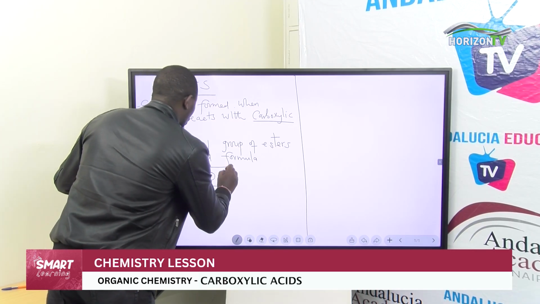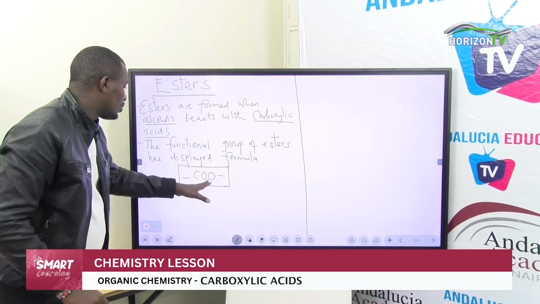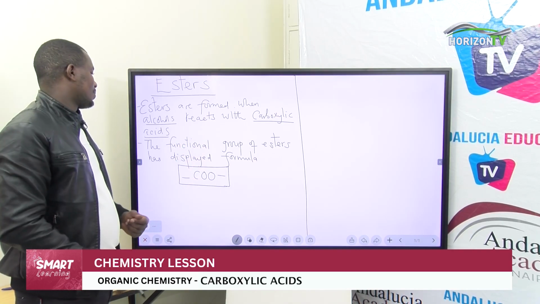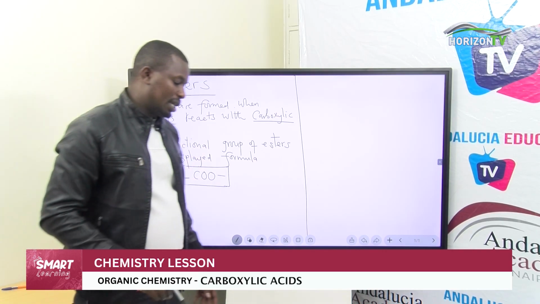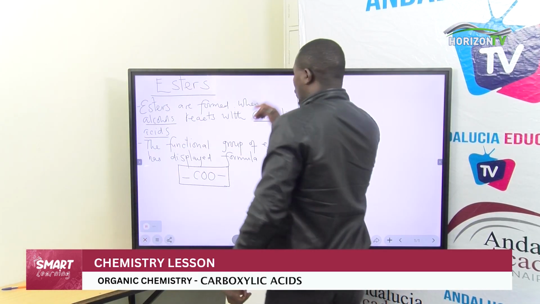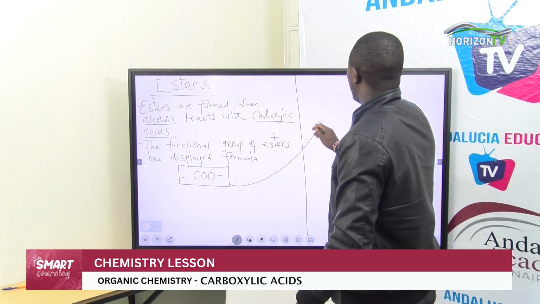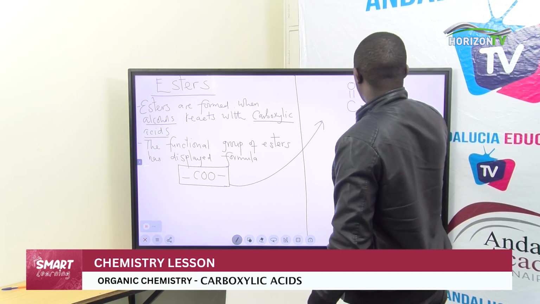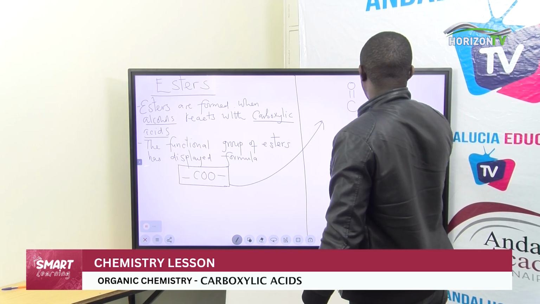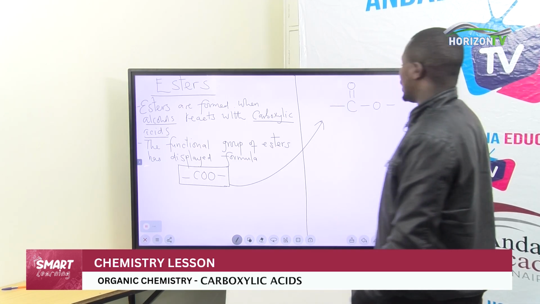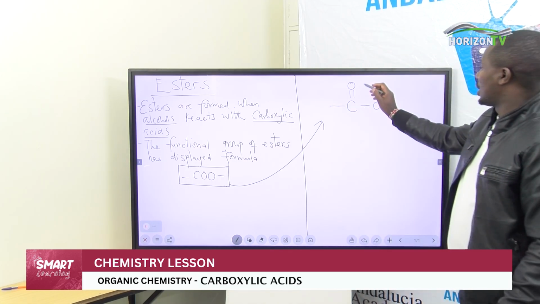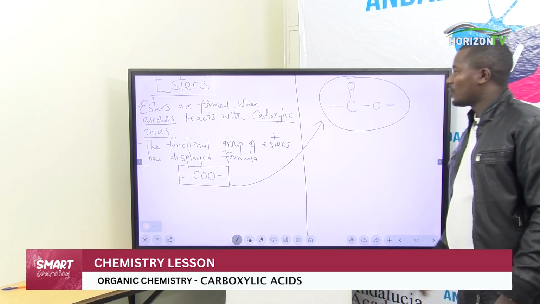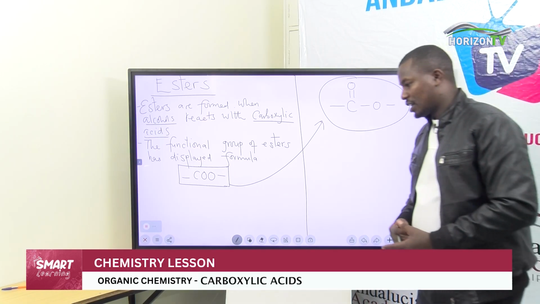That is the functional group of the ester. This can be shown in a displayed formula form. So this can be written down as carbon, double bond, oxygen, then that one is left open like that. This is what you call the functional group of all the esters. All the esters must have that functional group.